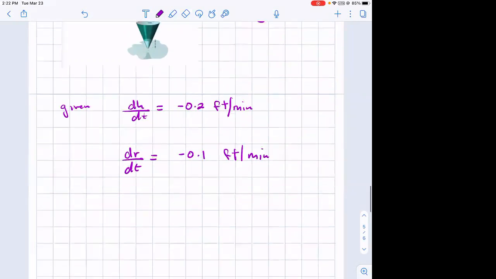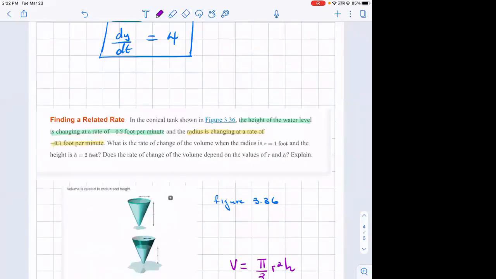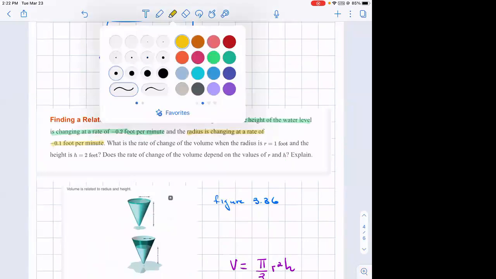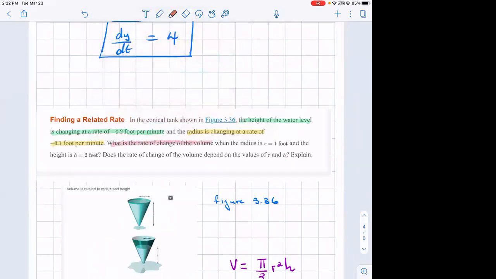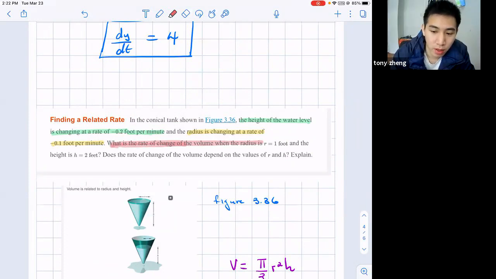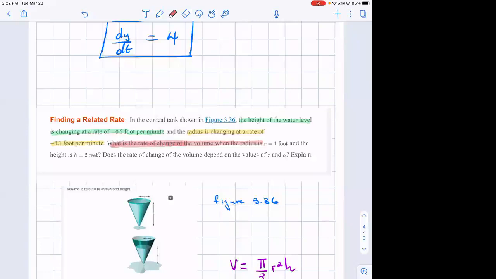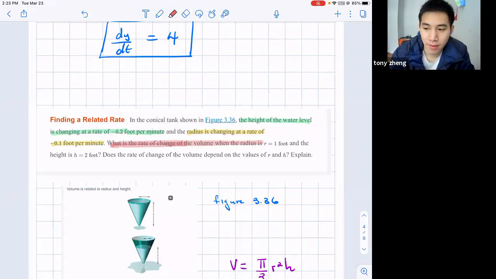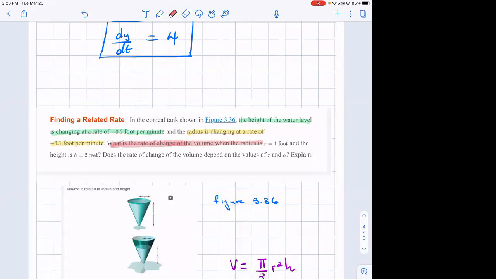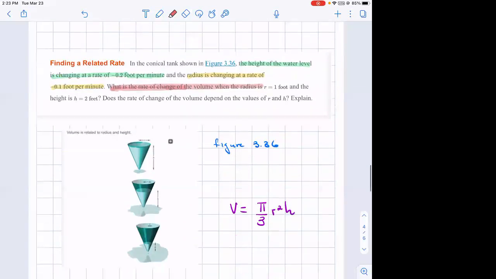Okay. And now, what is the rate of change of the volume? So what do we have to find? Volume, V. Well, what is the rate of change? Rate is not V, but dV/dt. The rate of change of volume is dV/dt.